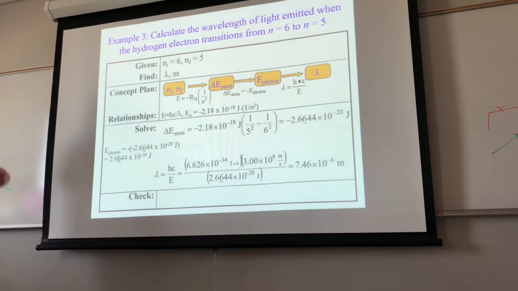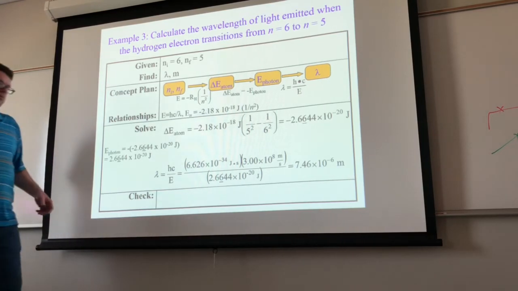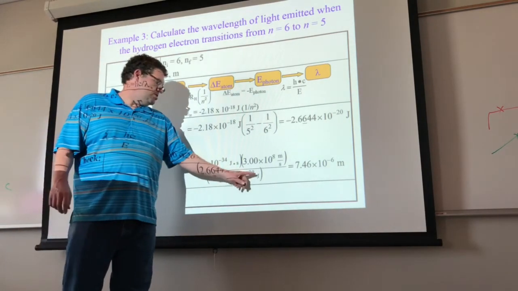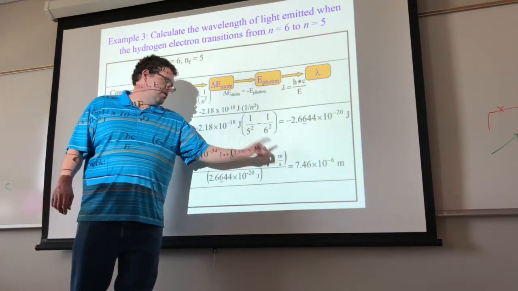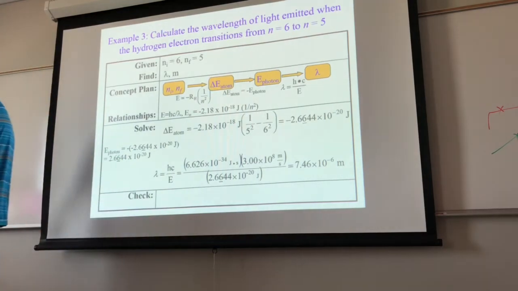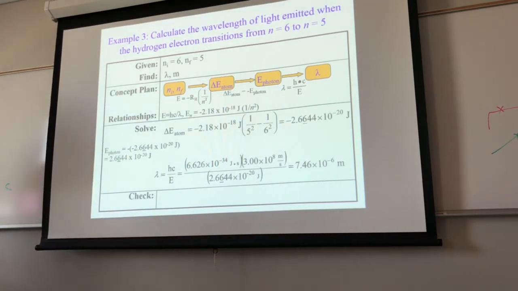It looks bad, but really what is this? This is multiplication and division when it all is said and done. That's what we're essentially doing here. What happens to the units? Joules cancel, seconds cancel, and you're going to be left with something in meters.